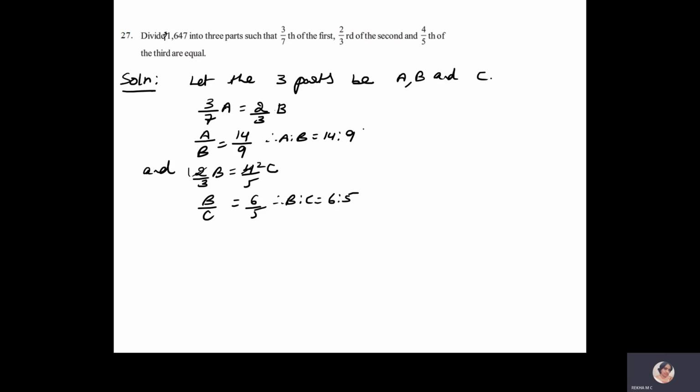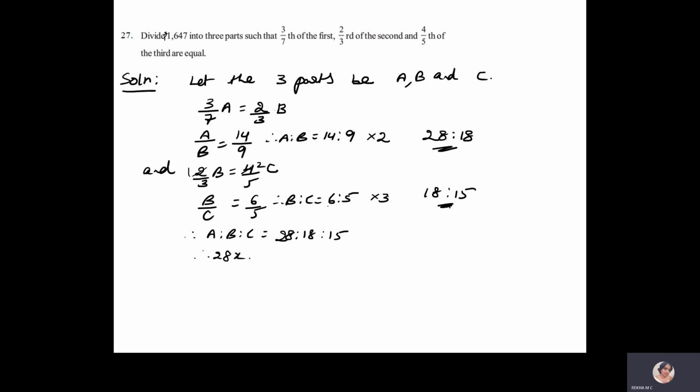So A is to B, you can just multiply by 2 and this by multiply by 3. So you will get 9 into 2, 18, 6 into 3, 18. So I'll get 14 into 2, 28 is to 18, and B is to C, 18 is to 15. Therefore, A is to B is to C is equal to 28 is to 18 is to 15.